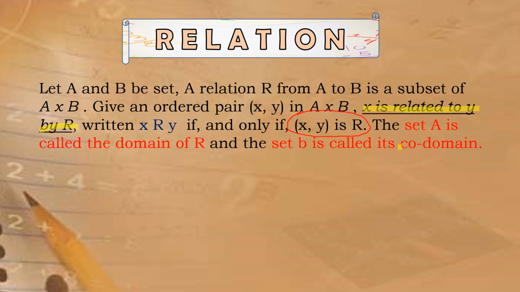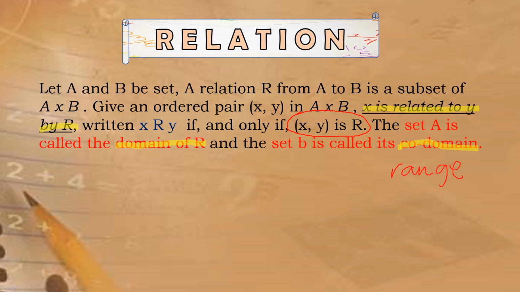It depends upon the given of the given problem. So the set A is called the domain of R, and set B is called its codomain, or in other books they call it the range.